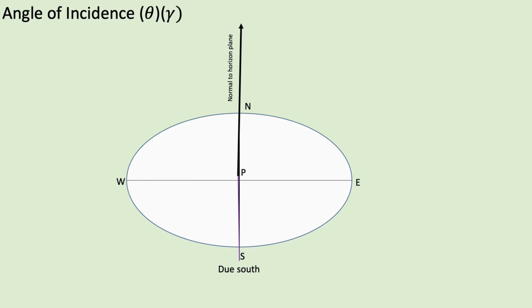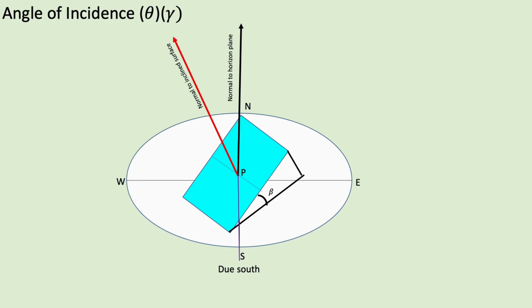That's why the surfaces are tilted at a certain angle as shown in the figure, and the tilt is designated by angle beta. When the surface is tilted, the normal to the horizontal plane is no more normal to the tilted surface. The normal to the surface will be different, as shown by a red line.